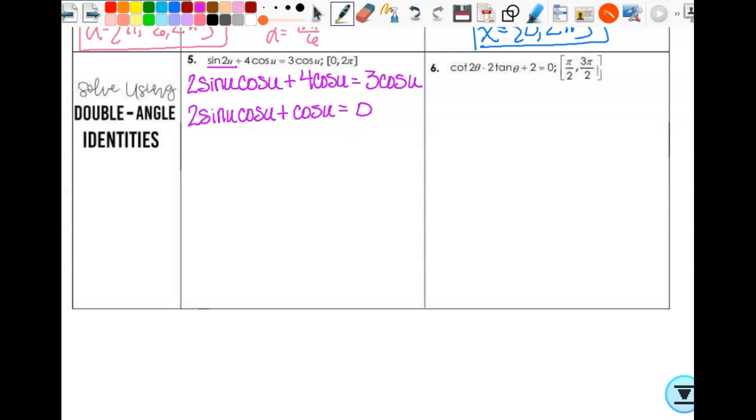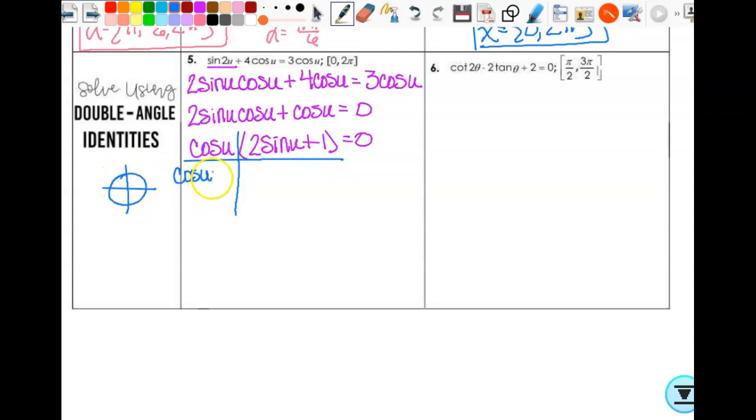Then can I factor? Yes, I've got a GCF. I can factor out the cosine u. That leaves me with 2 sine u plus 1 equals 0. So then I can solve these. I'm going from 0 to 2 pi, so that's the whole circle. I have cosine u equals 0.